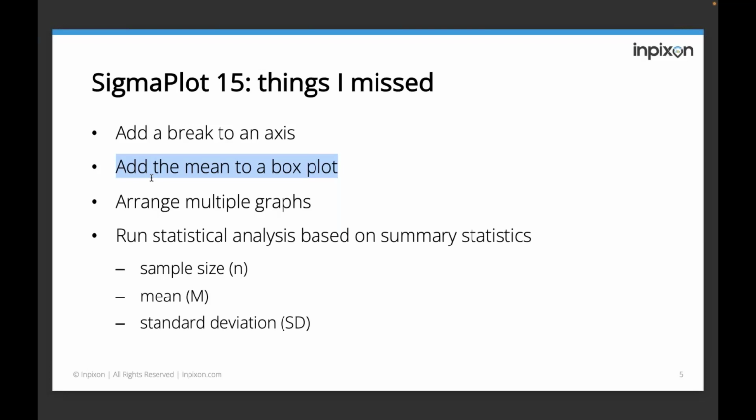But of course, you can add the mean with a single line. And there's also a checkbox for this in SigmaPlot. It's something you can't do in other graphing or statistics programs. There's no option.